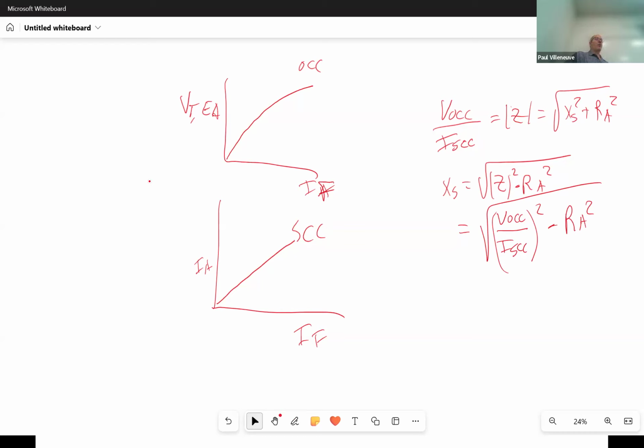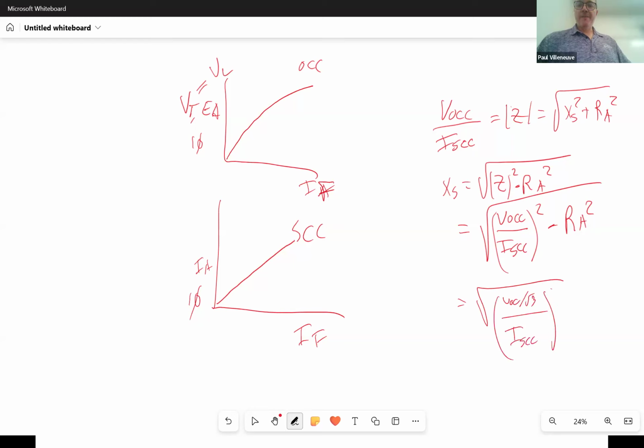Now you've got to be careful when you compare V open circuit and I short circuit. You've got to make sure these are both single phase quantities, single phase voltage and single phase current. Most of the time, this VT is going to be equal to a line voltage. So if you have a Y connected machine, you need to modify that. V open circuit divided by the square root of 3, divided by I short circuit. And that's how you can solve for XS.